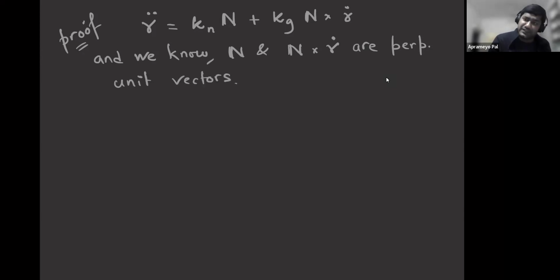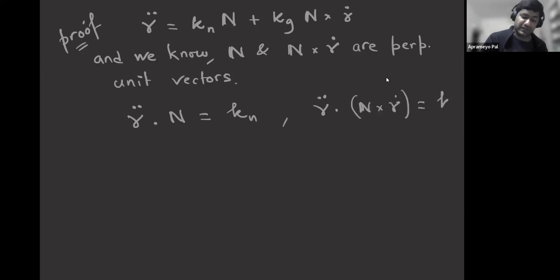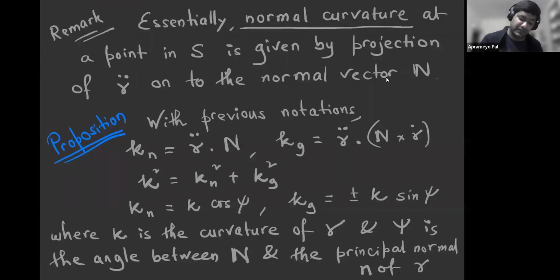So it's immediate. What do you have to do? You just take gamma double dot and then dot product with n. And this would give kn. The rest will vanish, and n dot n is 1 because n is a unit vector. And similarly, you get gamma double dot dot n cross gamma dot is nothing but kg. Correct? So this is the first line of this equation.